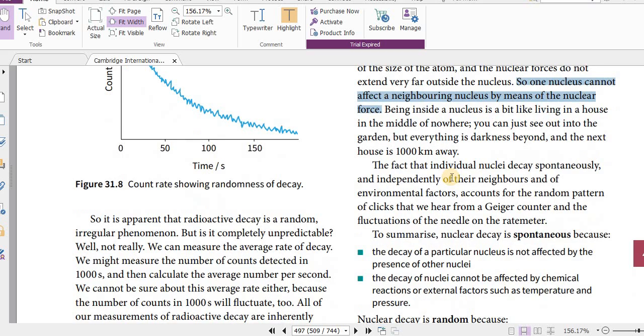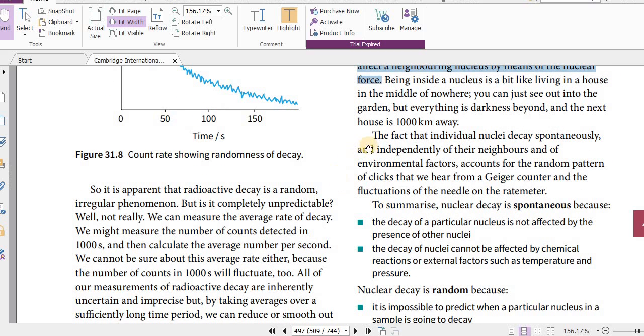The fact that individual nuclei decay spontaneously and independently of their neighbors and of environmental factors accounts for the random pattern of clicks that we hear from a Geiger counter and the fluctuations of the needle of the rate meter. To summarize, nuclear decay is spontaneous because the decay of a particular nucleus is not affected by the presence of other nuclei.